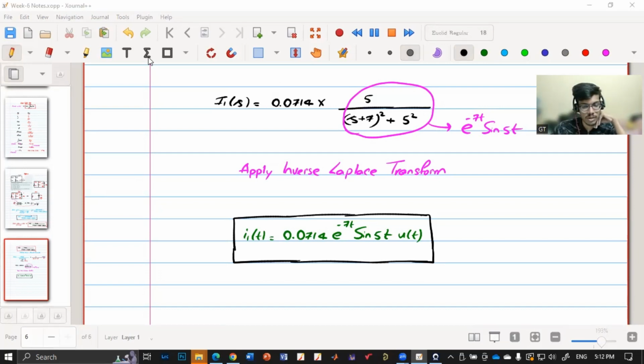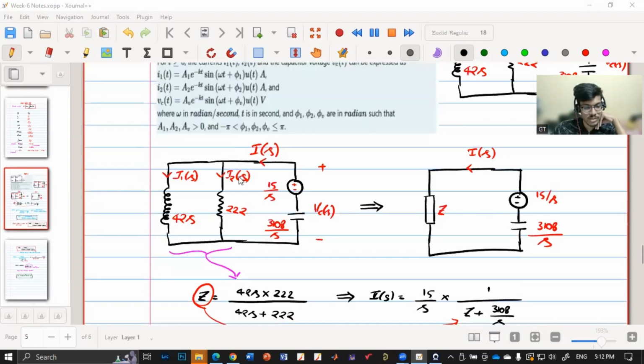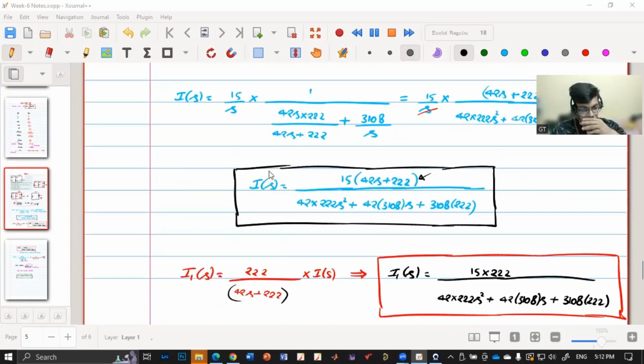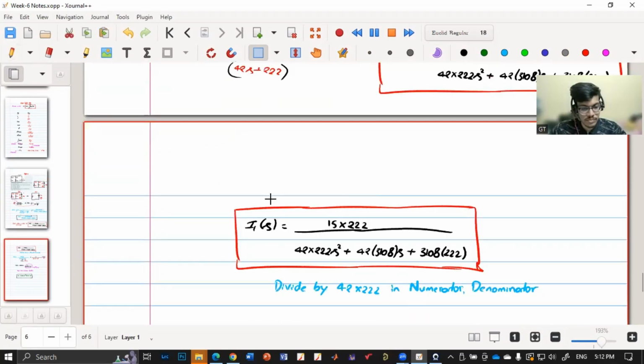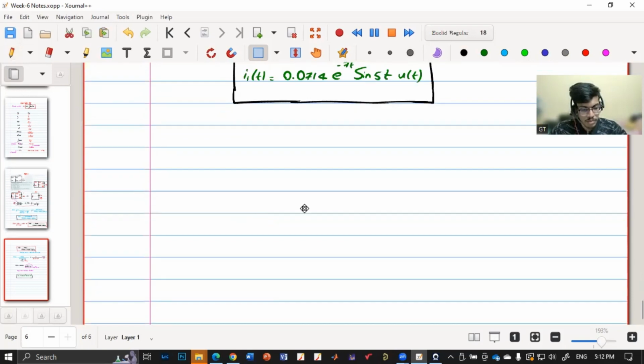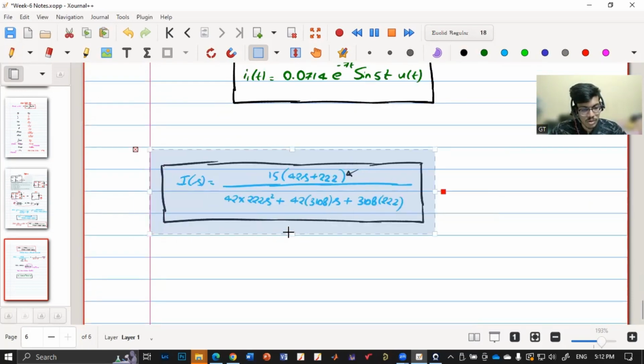Yes, sir. Okay. So now we'll go for I2 of S. So I2 of S is 42S by 42S plus 3 double 2 into I1 of S. So let me just take this I1 of S, copy it and paste it here. Okay.